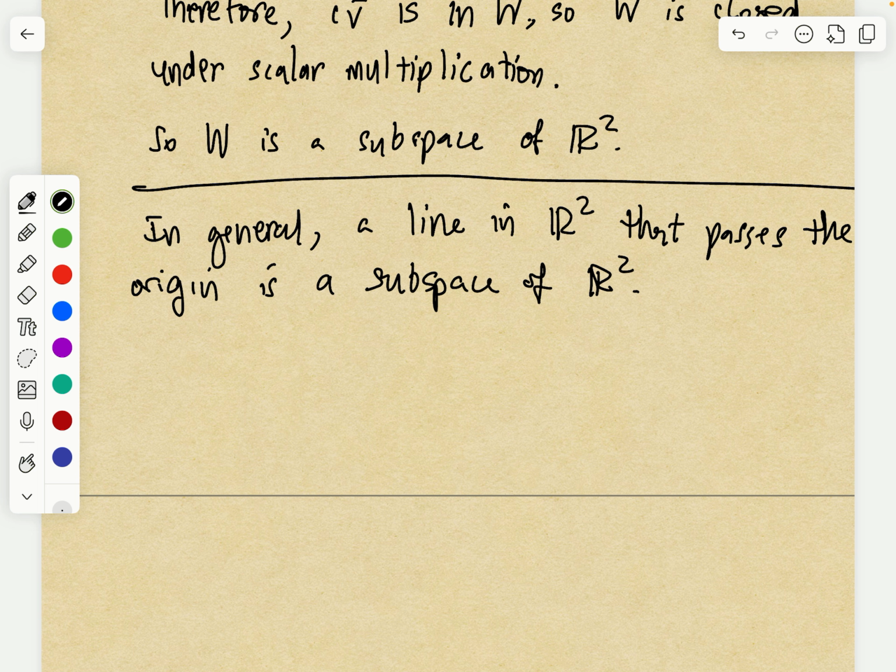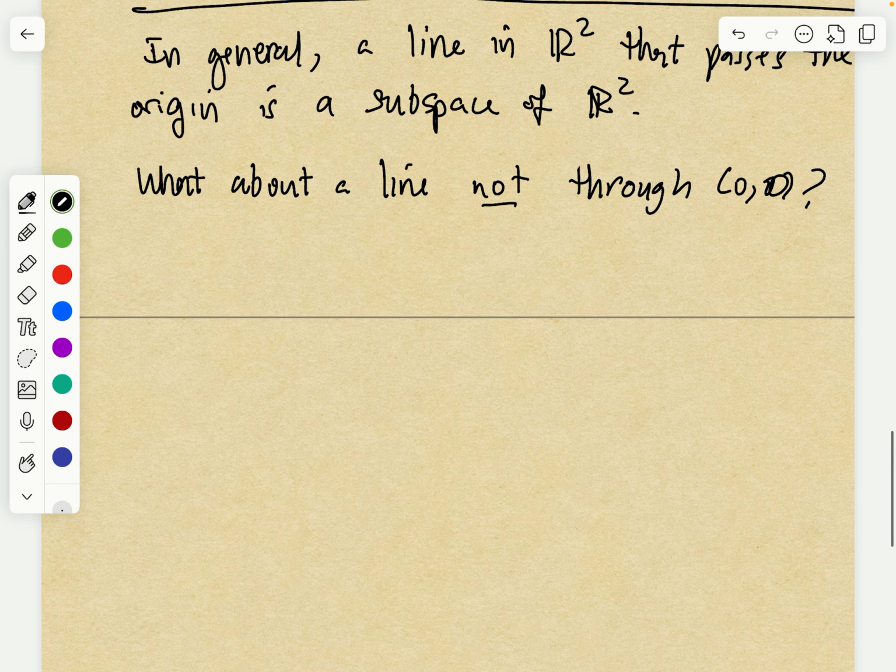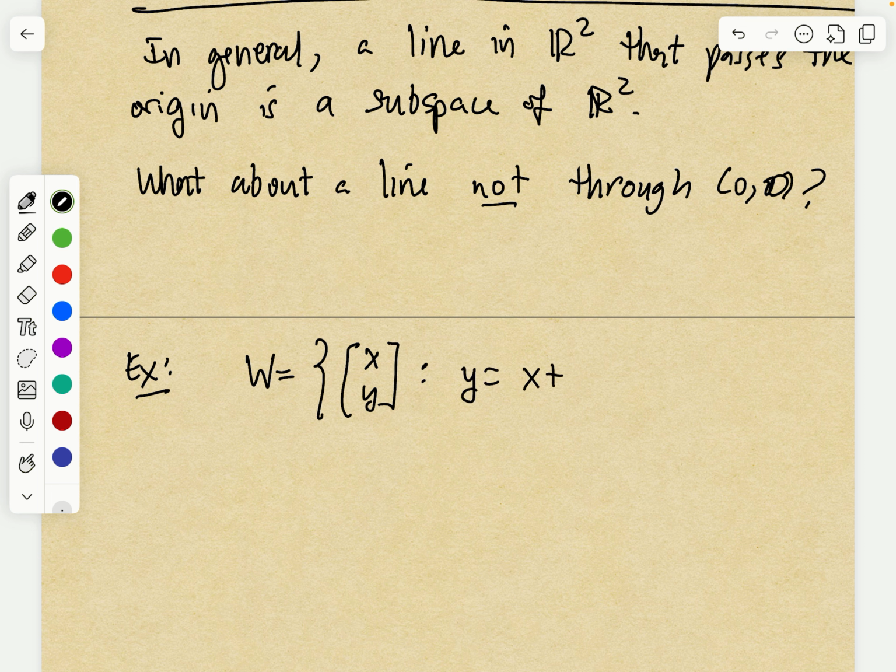Okay. Now what happens if you have a line that doesn't go through the origin? So let's look at an example. Let's say that you have the set of vectors (x, y) again, this is in R2, such that y is equal to x plus 1. So the question is, is this a subspace of R2?